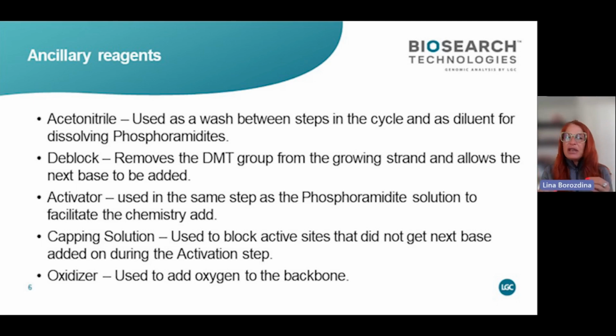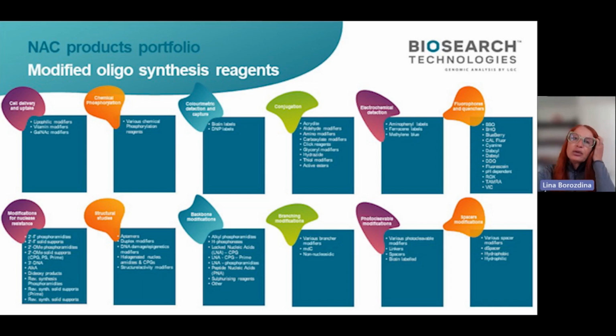Activator is mixed at the same time with your phosphoramidite solution and activates the phosphoramidite. It's not a part of your reaction, it's just an intermediate. Capping solution is used to block active sites, so you do not build an N-1 ladder. And the oxidizer is used to add oxygen to the backbone. And also sulfurizing reagent, as we talked about.